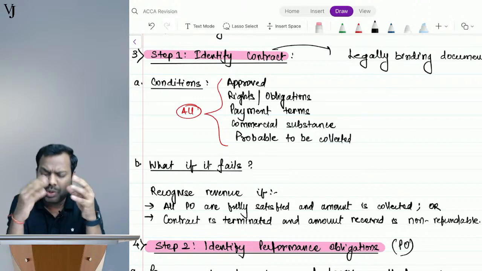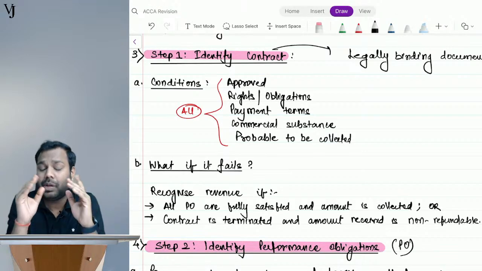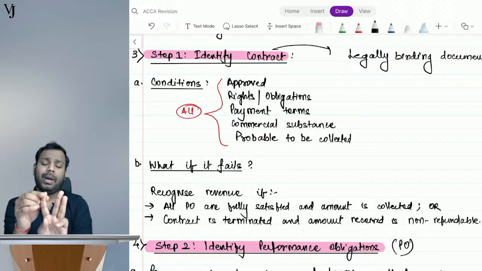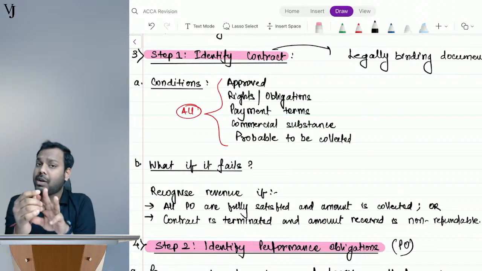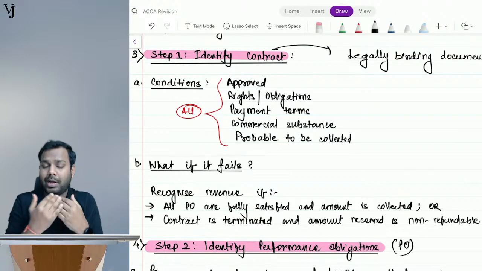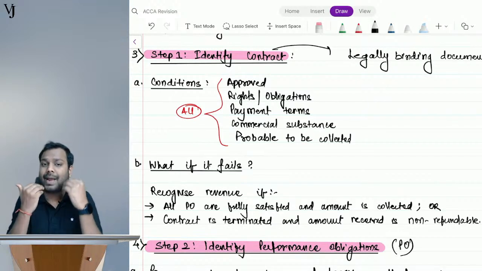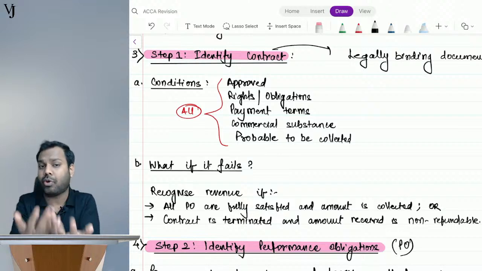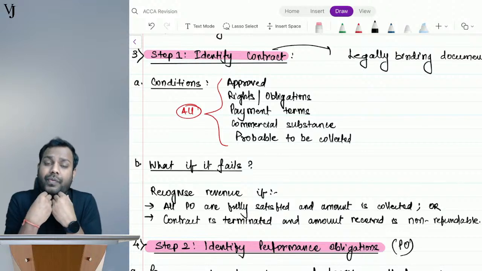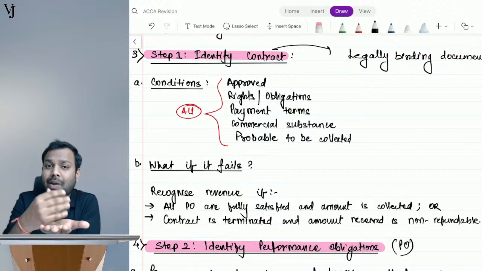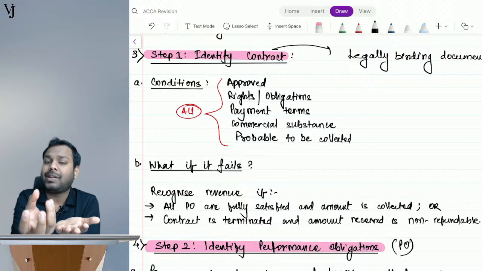Don't memorize these things by heart. Remember the basic essences of a contract. The contract will be approved by both parties. The contract will state what my right is and what my obligation is. Like when I start teaching a student, I enter into a contract with him, where my right is to receive the fees and my obligation is to deliver the lectures, and parallelly the student's right is to receive the lectures and obligation is to pay the fees.